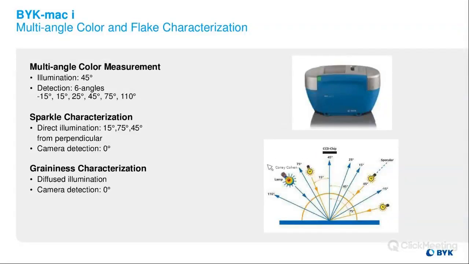So this instrument is directional by design, not circumferential, whereas the 45-0 instrument is. So that's the one difference: with this instrument, you could get different results depending on how you orient the instrument on the sample.